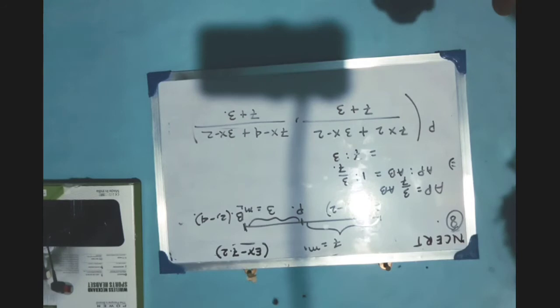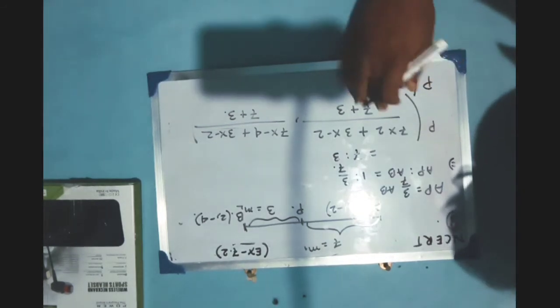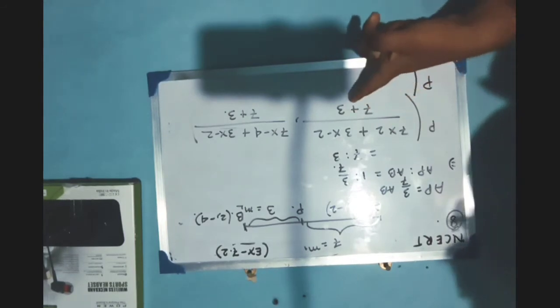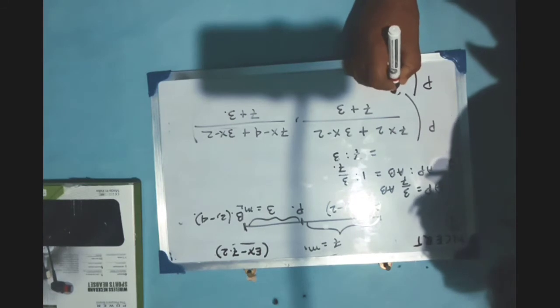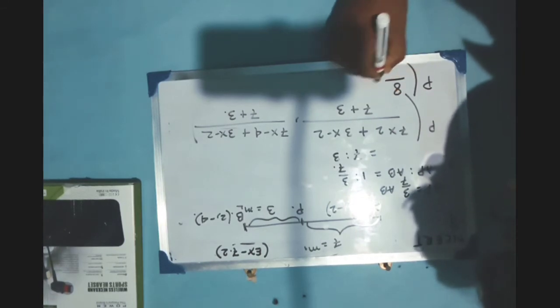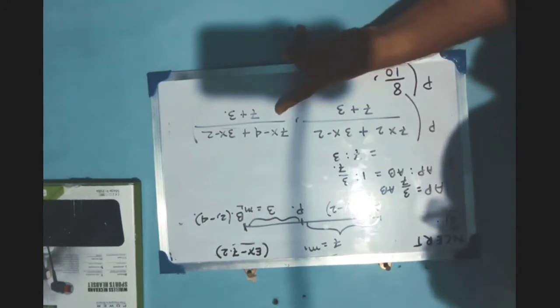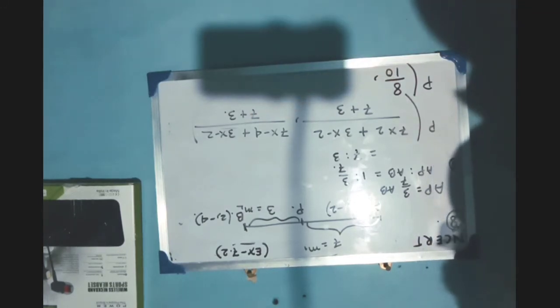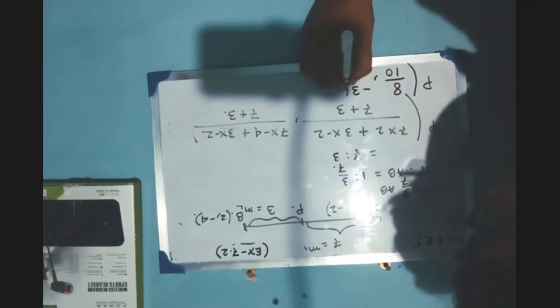Now if I do the calculations over here, P is equal to 7 into 2 is 14, 14 minus 6 means 8, so 8 by 10, comma, this will be minus 28 and minus 6, means minus 34 by 10.